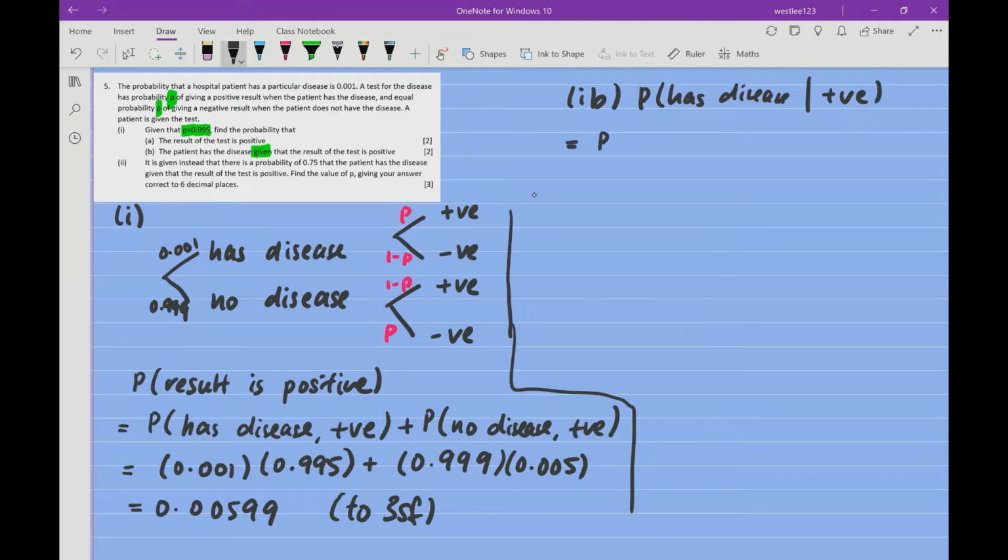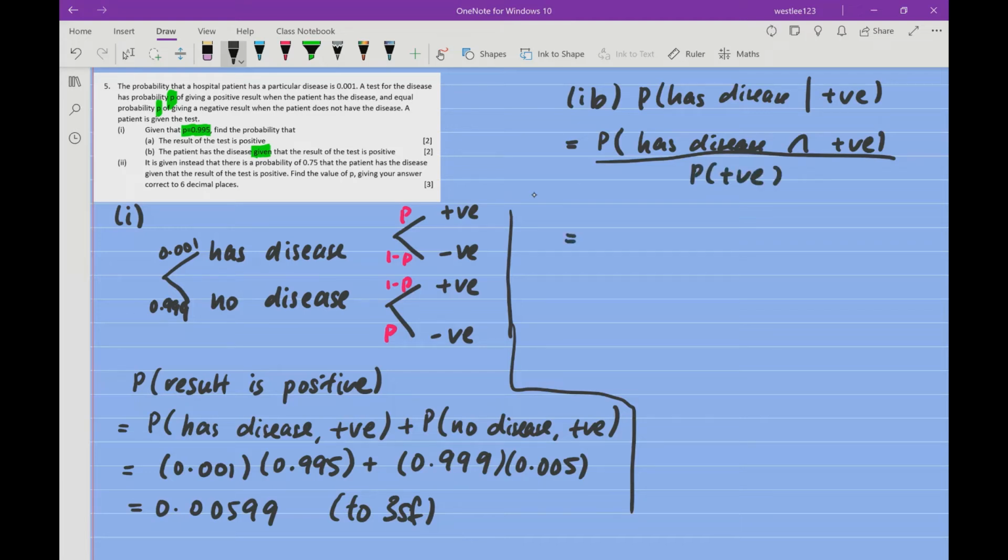So for the numerator, if you guys recall, it's A intersect B. So in this case, I want events that satisfy both criteria of the patient having disease and is being tested positive over the given condition, which is positive.